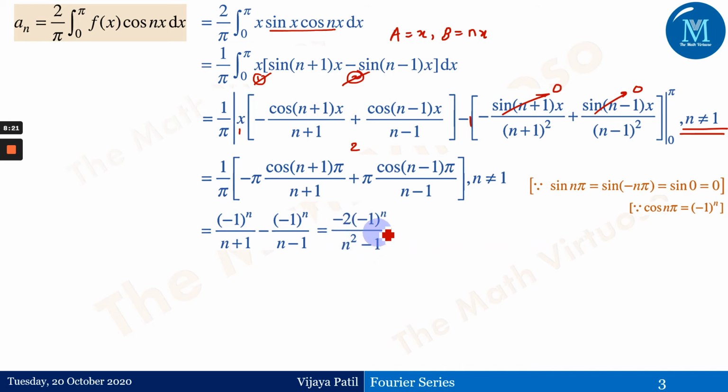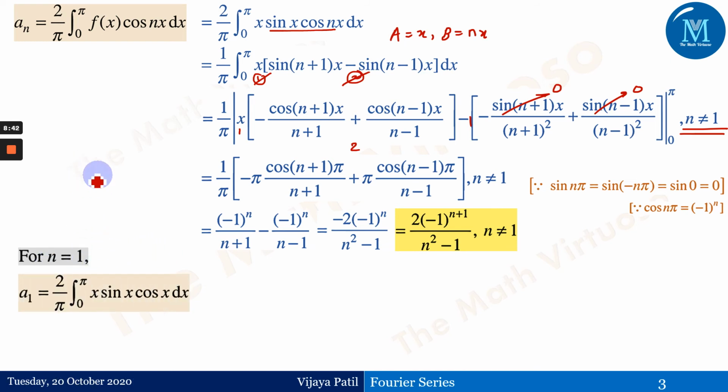Obviously this value is not true for n equals to 1, and therefore we could just combine this minus sign with minus 1 to the power n, giving minus 1 to the power n plus 1, divided by n square minus 1, into 2. And this is not true for n equals to 1, so we need to calculate for n equals to 1 separately.